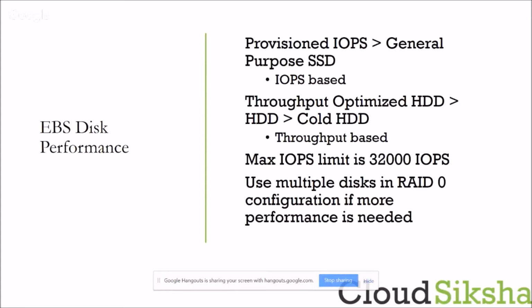Because, for example, in a general purpose SSD, the general purpose SSD gives around 3 IOPS per GB. So if you have 1 GB, you get 3 IOPS. So the number of IOPS will go up accordingly.